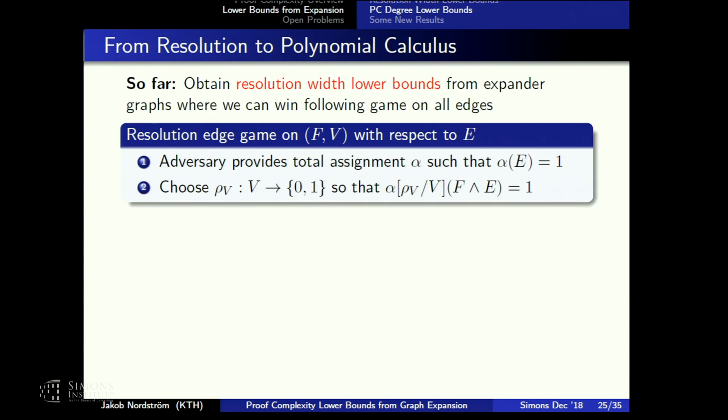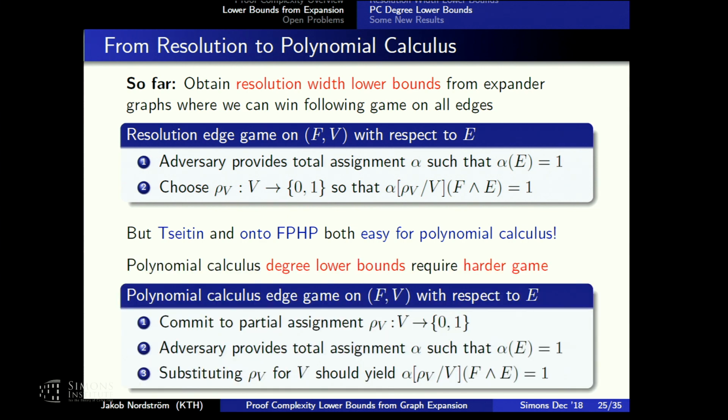Okay, so this gives us resolution lower bounds, but it couldn't give us polynomial calculus lower bounds because both Tseitin and onto functional pigeonhole principle are easy for polynomial calculus. So something has to change, and what's going to change is we're going to switch the order of the players.